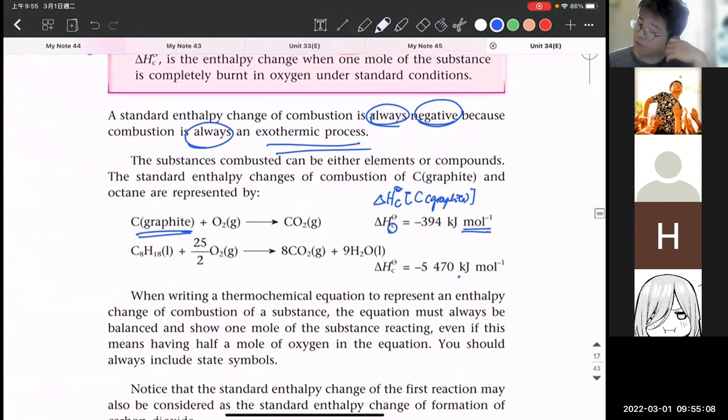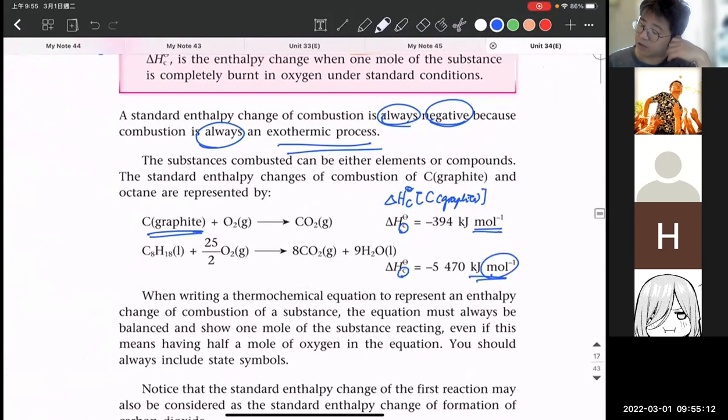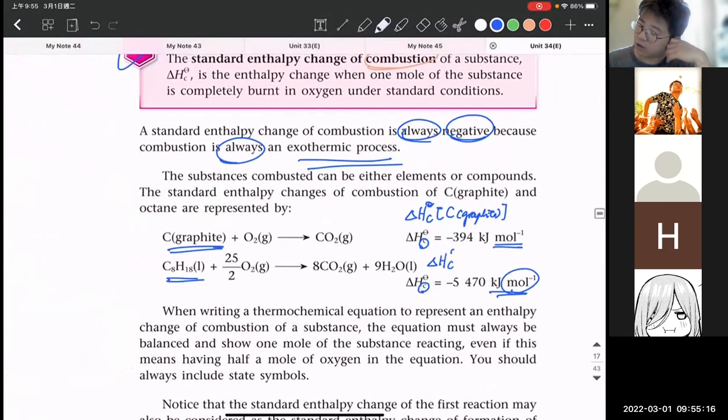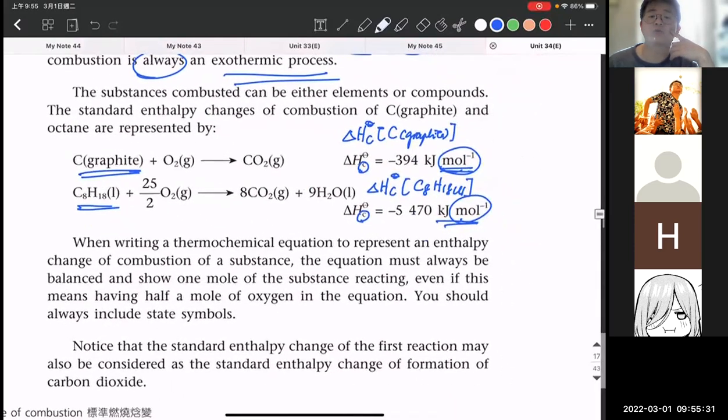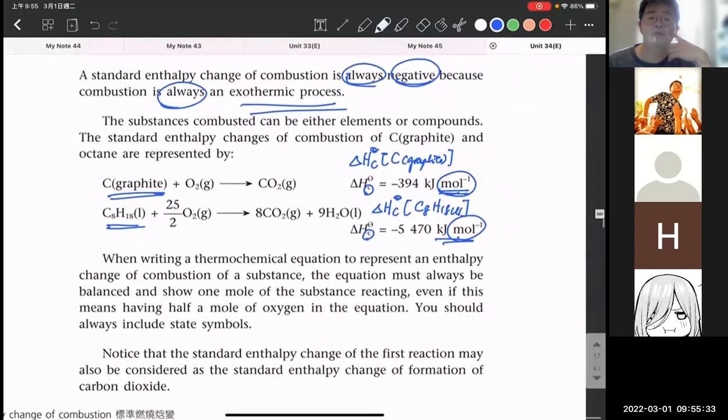Now, similarly, while you write down kilojoule per mole for delta H combustion for this equation, it means that you are going to show the combustion of 1 mole of what? C8H18 liquid. Okay, do you understand? So remember, please keep track of the term per mole, and it should go with the fuel to be burned.